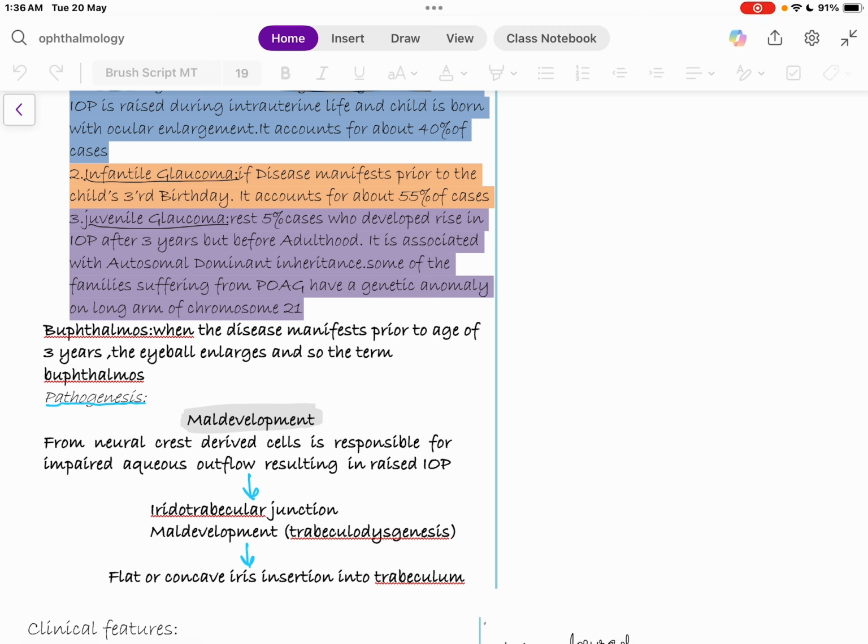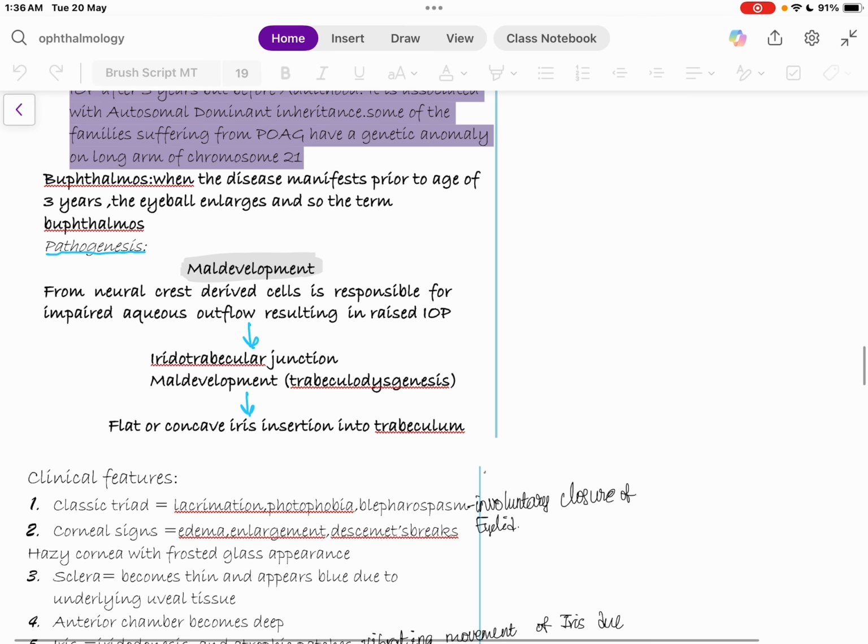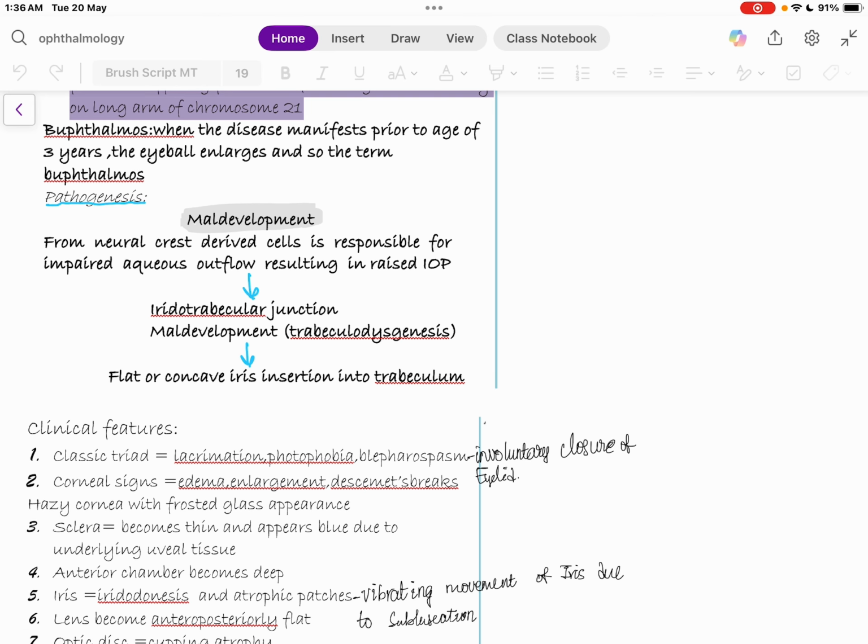And now let us discuss buphthalmos. Buphthalmos means bull-like eye. It is also a congenital glaucoma condition. The disease manifests prior to the age of 3 years and the eyeball enlarges, hence the term buphthalmos. Pathogenesis: maldevelopment of neural crest derived cells is responsible for impaired aqueous outflow resulting in raised IOP.